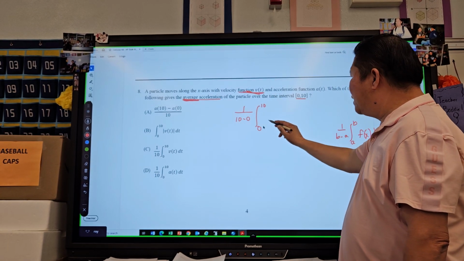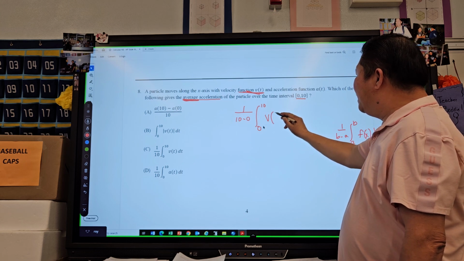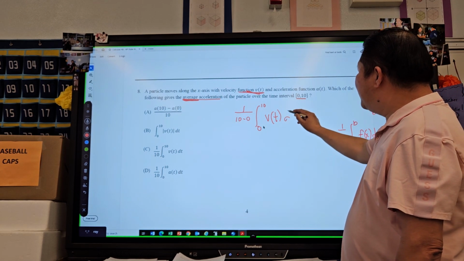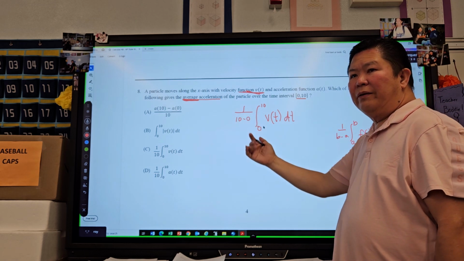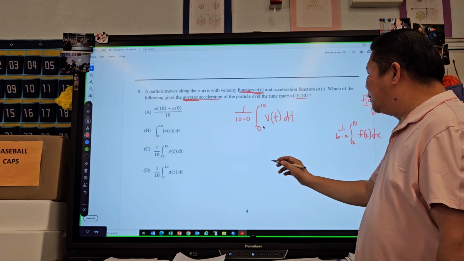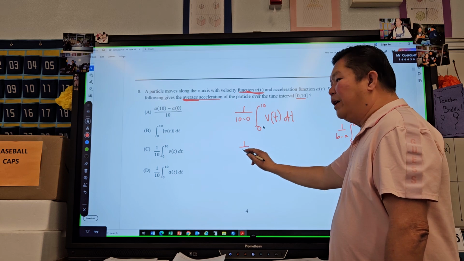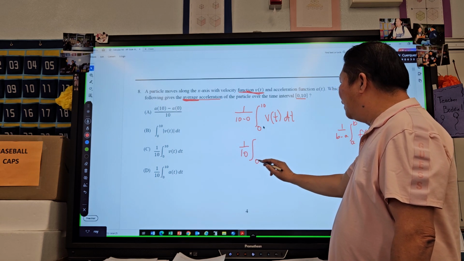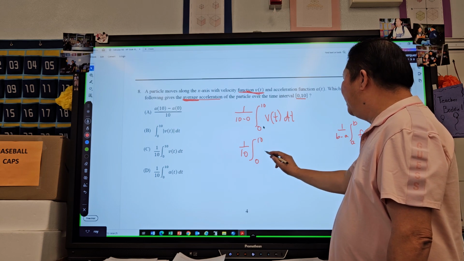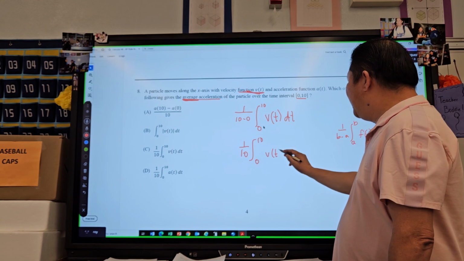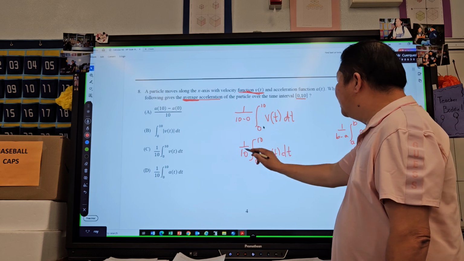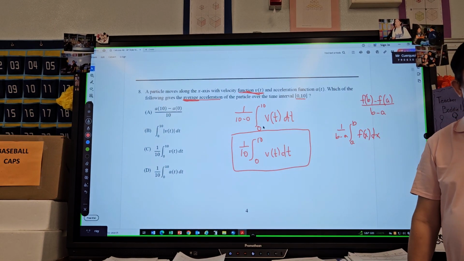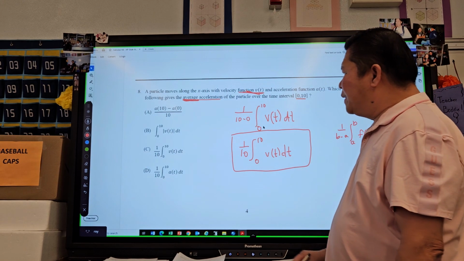Velocity function, so this means this is v(t) dt. So simplifying further, what is 10 minus 0? It's going to be 10, right? So it would be 1 over 10, the integral from 0 to 10 of v(t) dt. So this would be our final answer, letter C.